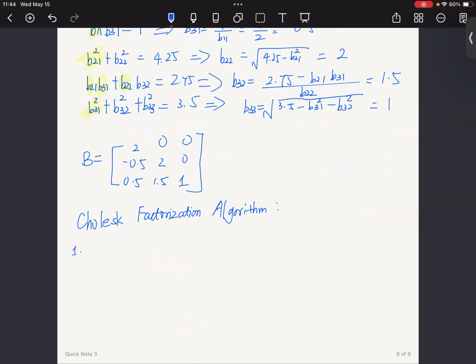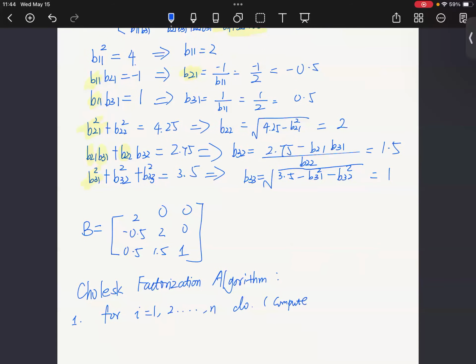So this is a bigger for loop, and for this for loop you're doing the following things. We are going to compute the elements in this direction: the first column, the second column, and the third column elements.